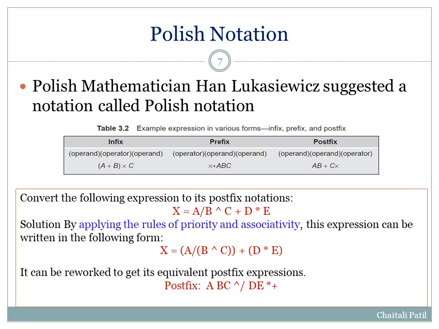Now this ab plus will be considered as one operand, multiplied by c. So the first operand is ab plus, then the second operand c, and lastly the operator multiplied by. So ab plus c multiplied by is the postfix expression of this infix expression.